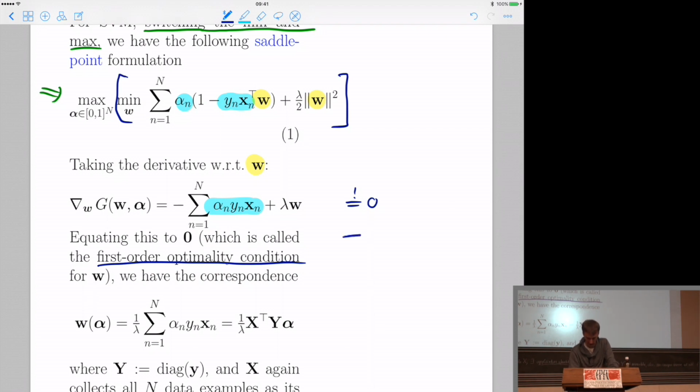What does this give us? So you just solve for W. So it gives us that the W is actually the sum of these blue terms. And yeah, we are already done.